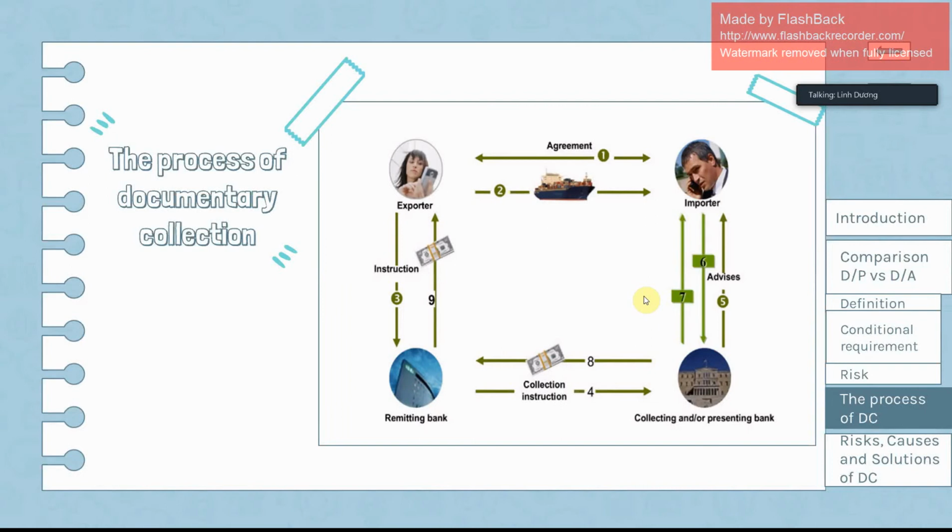It includes the cover letter and the commercial documents. And the big difference between DA and DP transactions is that under DP, the collecting bank advises the importer to pay.